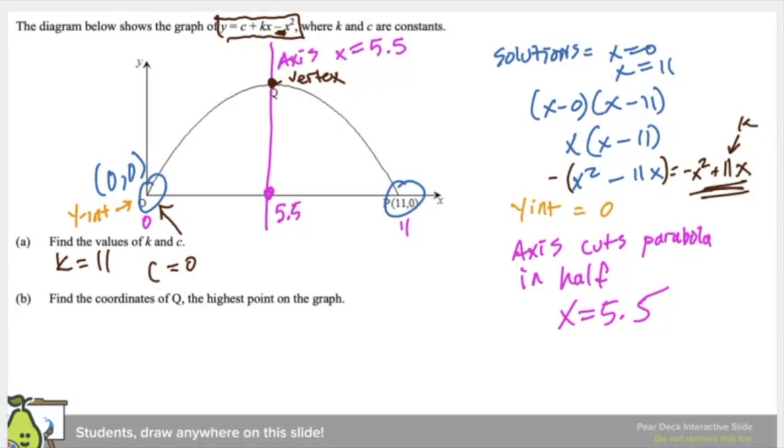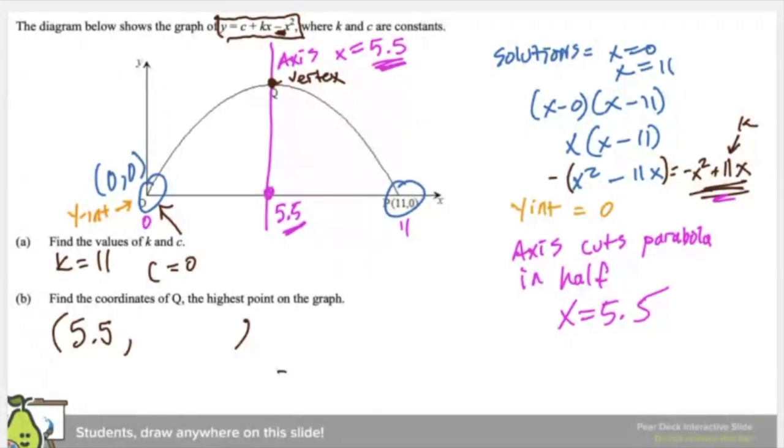Part B, find the coordinates of Q. That is my vertex. So I know that it's going to be 5.5, something. How do I find that something? Well, I know my axis of symmetry is at 5.5 here. So I take my equation, this one here, and plug in 5.5.